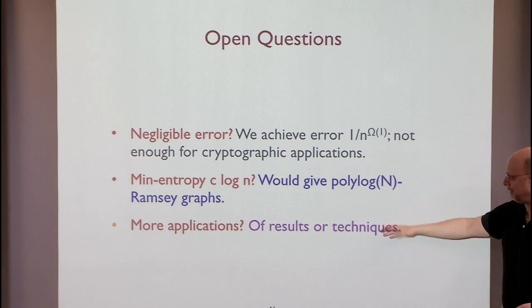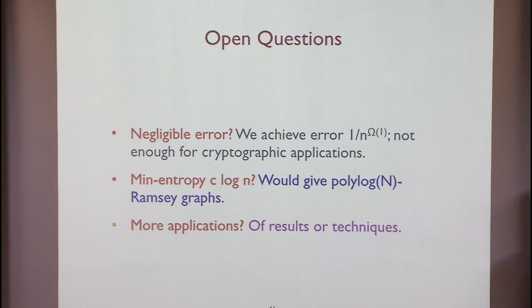And maybe most intriguingly, are there more applications of our work, either the results themselves or the techniques involved? I think there should be. We already have several, and it's only been a couple of months. So that's it.